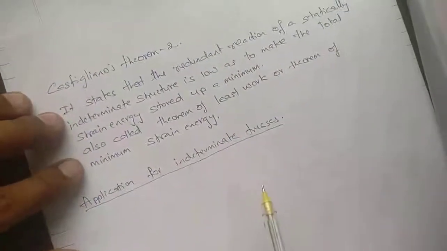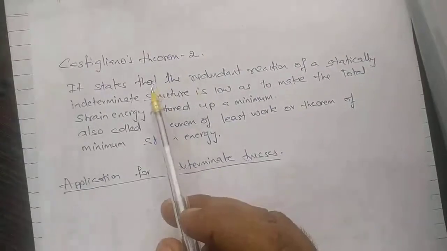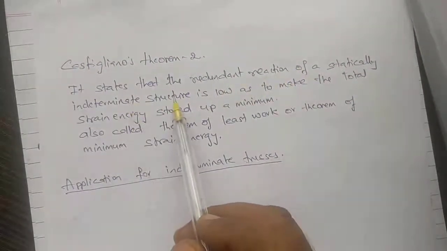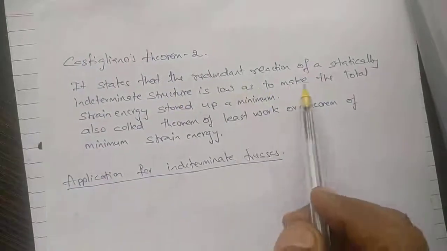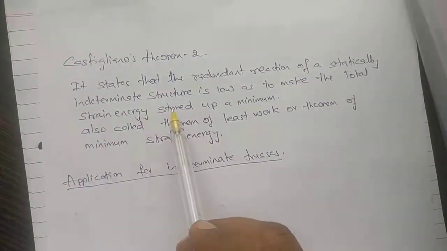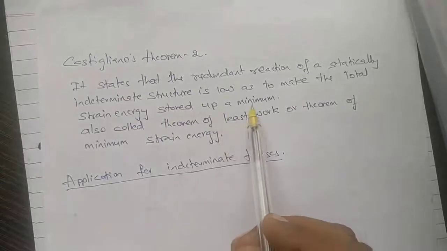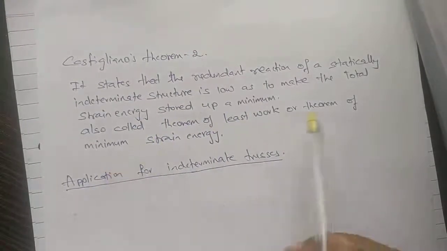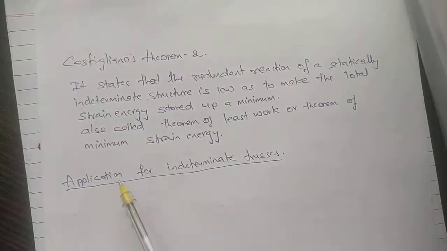Coming to the theorem, it states that the redundant reaction of a statically indeterminate structure is such as to make the total strain energy a minimum. It is also called the least work theorem or theorem of minimum strain energy. What does it mean?